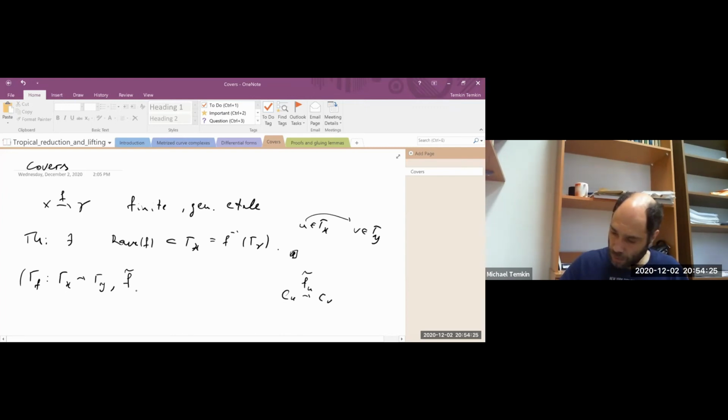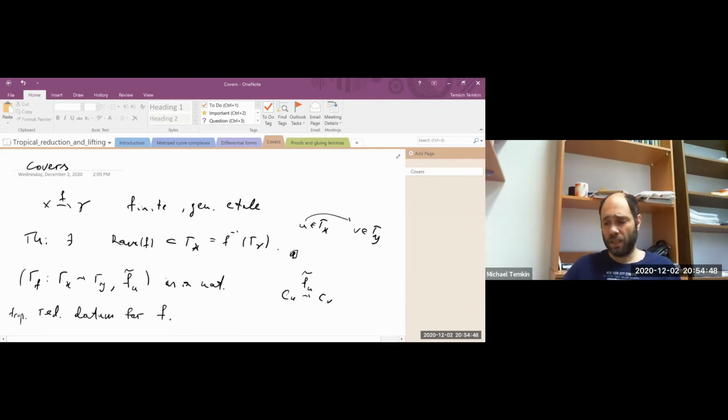So this is a sort of natural tropical reduction datum for f. And indeed, it more or less contains the same information about this map as you can obtain from the simultaneous semistable models, compatible semistable models, and logarithmic structures between them. So it's just a way to encode this.